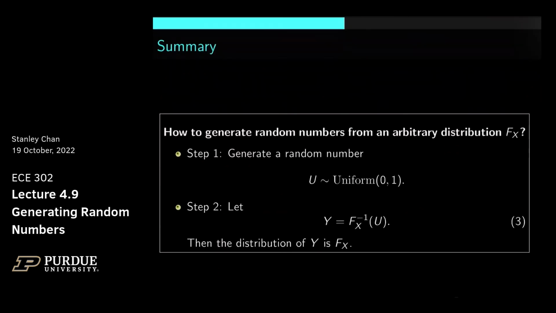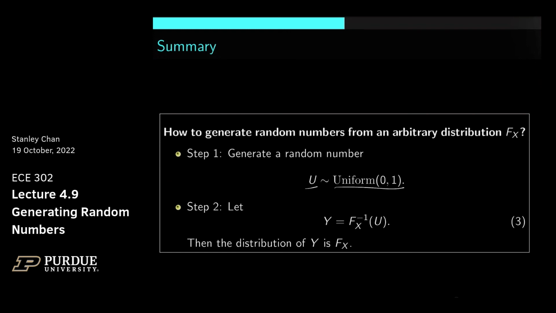Okay. We move to the summary of this set of slides. We want to generate random numbers from any arbitrary distribution f of x. In order to do that, we have step 1, which is generate a random number. So this u is going to be from some uniform. And we start with a uniform because this is the simplest to think about in terms of our inverse CDF method.